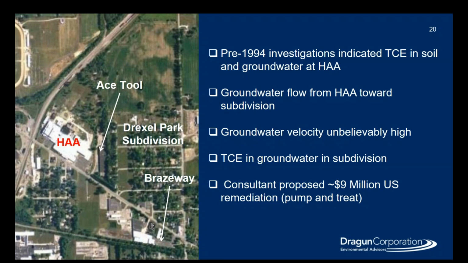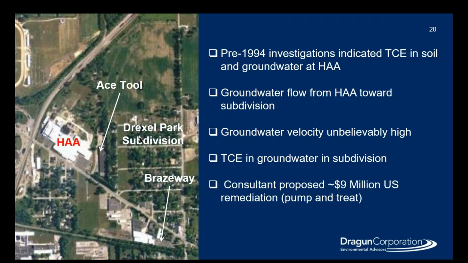They made aluminum tubing. So prior to our involvement in 1994, investigations indicated that there was TCE in the soil and the groundwater at HAA. We knew based on that information that groundwater flowed from HAA towards the Drexel Park subdivision.